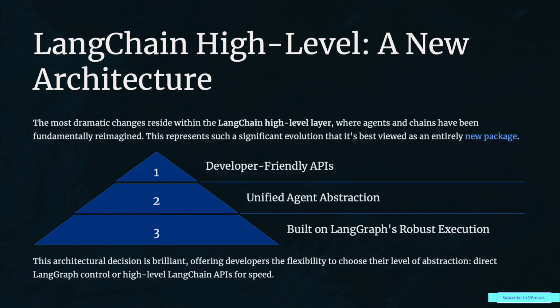This creates a clear layering where high-level LangChain components provide developer-friendly APIs while leveraging the robust execution capabilities of LangGraph. This architectural decision is brilliant from a systems design perspective. It means developers can choose their level of abstraction, work directly with LangGraph when they need maximum control, or use LangChain's high-level APIs when they prioritize development speed.